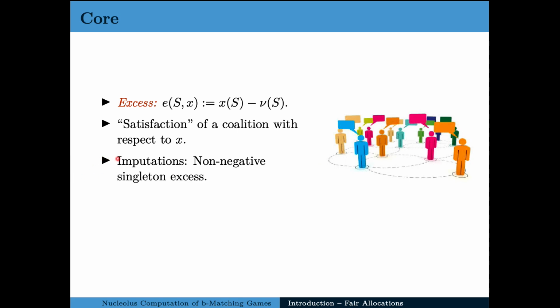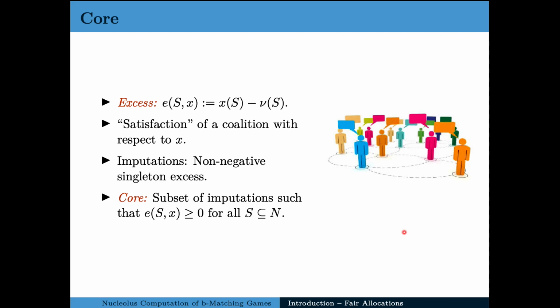As a reminder, the imputations are precisely the allocations with non-negative excess along all the singletons. Generalizing this idea, let's require the excess to be non-negative over every single coalition, and those allocations define the core.